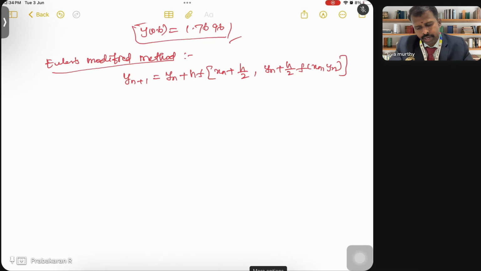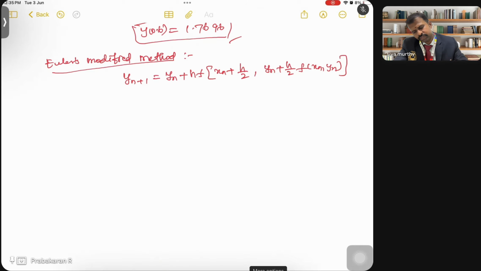Modified Euler's method means Euler's modified or modified Euler's method, both are the same, right? So yn plus 1 equal to yn plus h f of xn plus h by 2 comma yn plus h by 2 f of xn comma yn. This is the fundamental formula for Euler's modified method. In particular, put n equal to 0, put n equal to 1, like that.